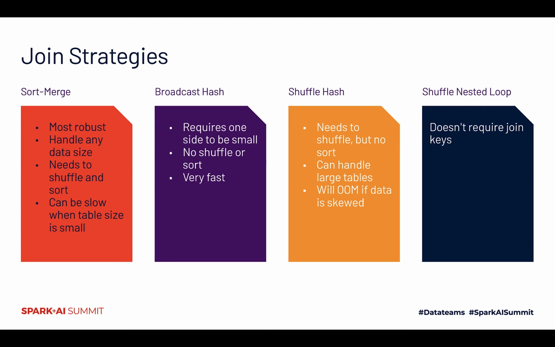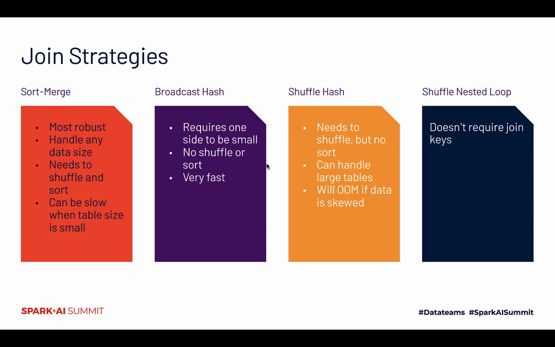Starting in Spark 3.0, you're going to be able to provide hints to specify the join strategy of the underlying physical plan whenever the adaptive query execution engine doesn't quite give you what you want. If you want to take manual control, you'll have more freedom to do that now with hints.